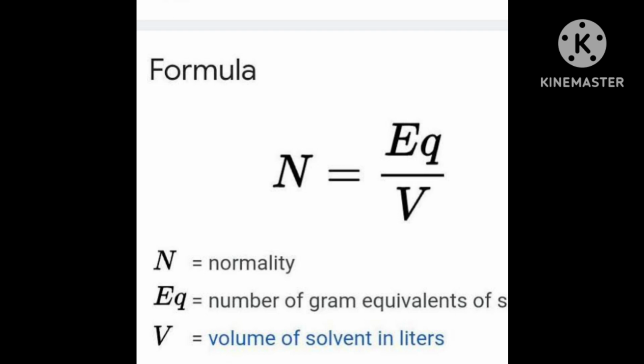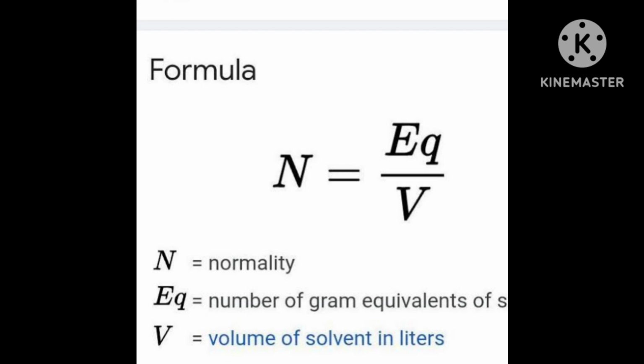If you ignite it, that is, heat it, this salt will give you only silver, and that silver is weighed.